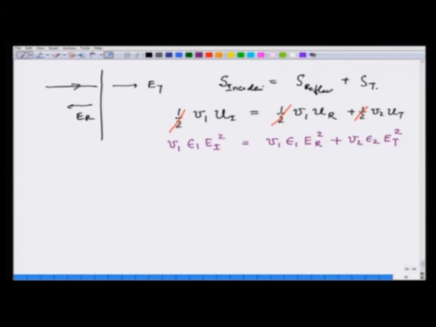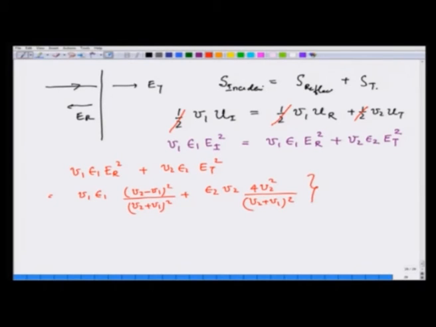Let us see if this is true. Let us calculate the right hand side. Right hand side is V 1 epsilon 1 E reflected square plus V 2 epsilon 2 E transmitted square, which is equal to V 1 epsilon 1 times (V 2 minus V 1) square over (V 2 plus V 1) square plus epsilon 2 V 2 times 4 V 2 square over (V 2 plus V 1) square times E I square.